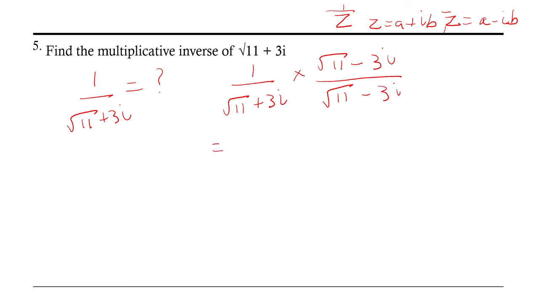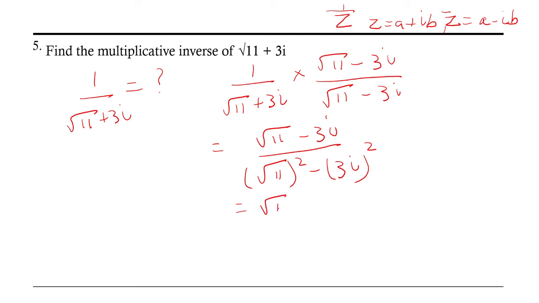When we simplify, we get √11 - 3i divided by (√11)² - (3i)². So this is equal to (√11 - 3i) divided by 11 - 9i².